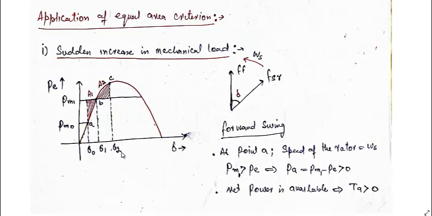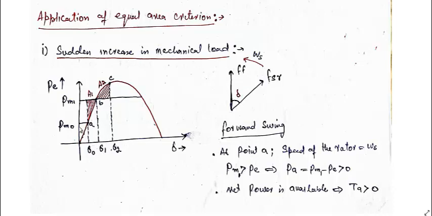Let us say our system is operating at point delta naught with mechanical power Pm naught and electrical power Pe naught, which are equal at this point A, and both are rotating at synchronous speed, and delta will be constant, equal to delta naught at this point.